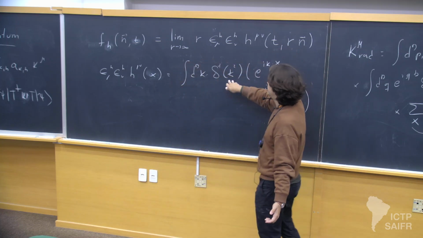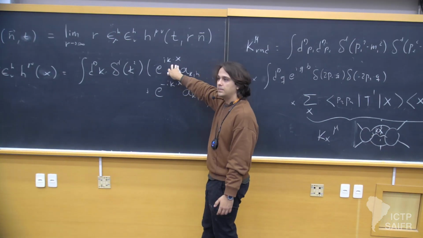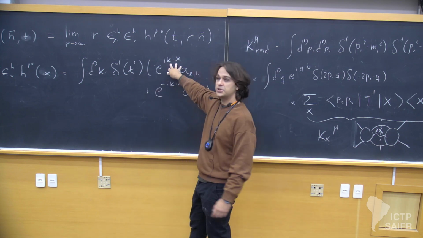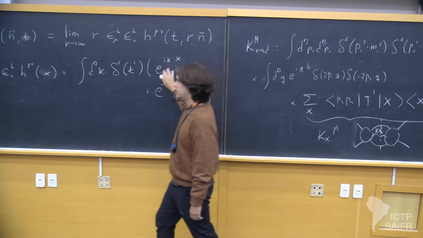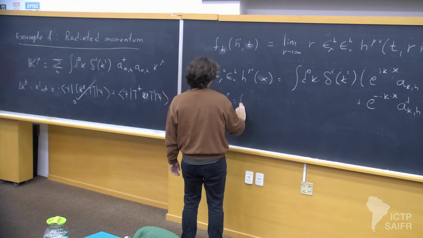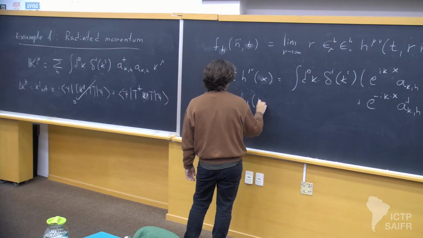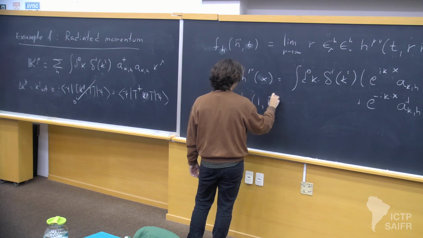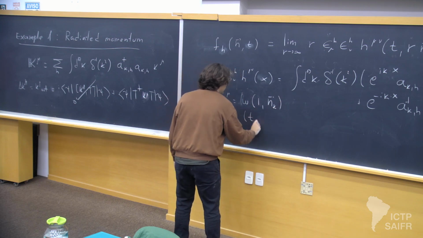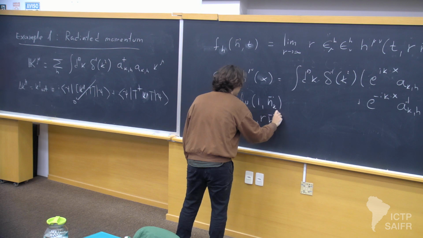This is dominated by the region of the integration where this phase is stationary. So I could write k mu as omega, so it's on shell, times some direction. And then x, we said that it's just time and r n.